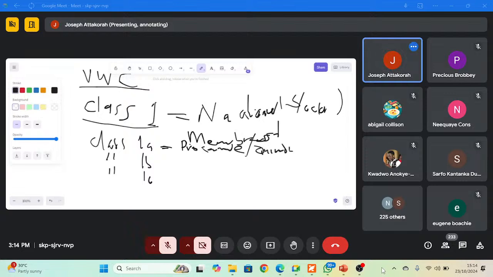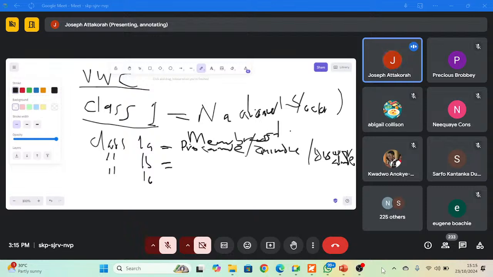Any other for class 1A? Disopyramide. So these are class 1A: procainamide, quinidine, disopyramide.